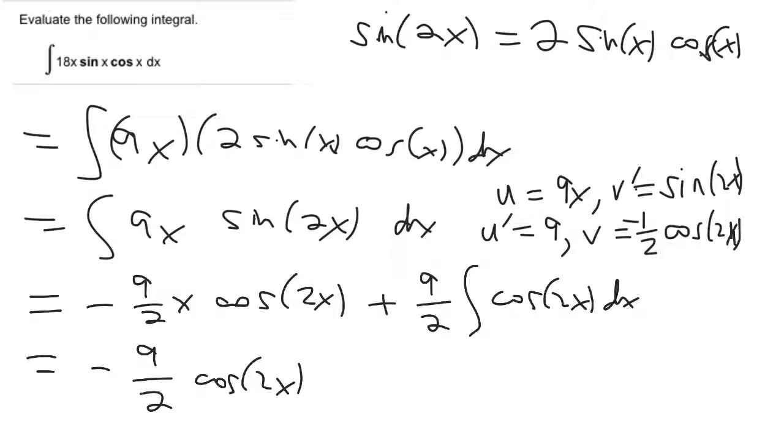And that new integral, the integral of cosine of 2x, is just 1/2 sine of 2x. So I'll have 9/2 times 1/2 sine 2x, which is 9/4 times sine 2x plus c.